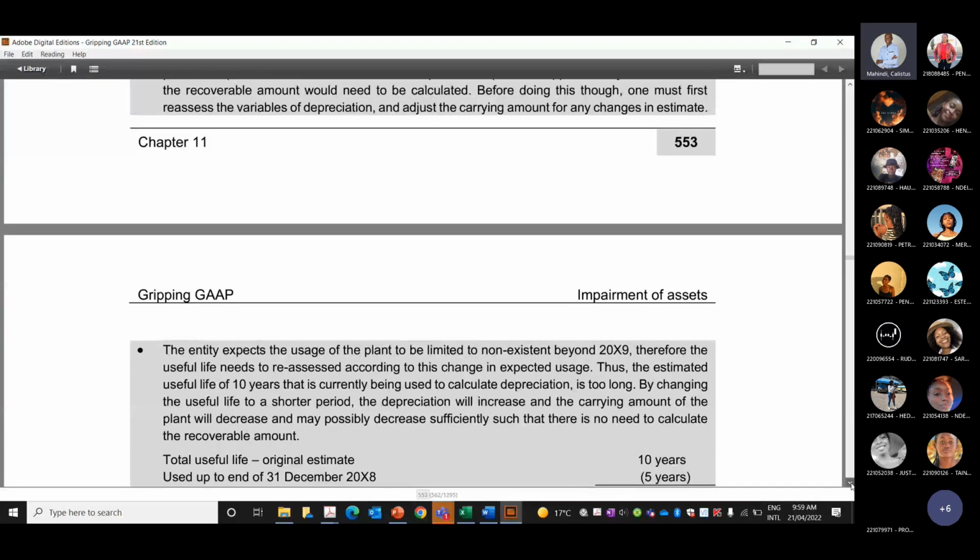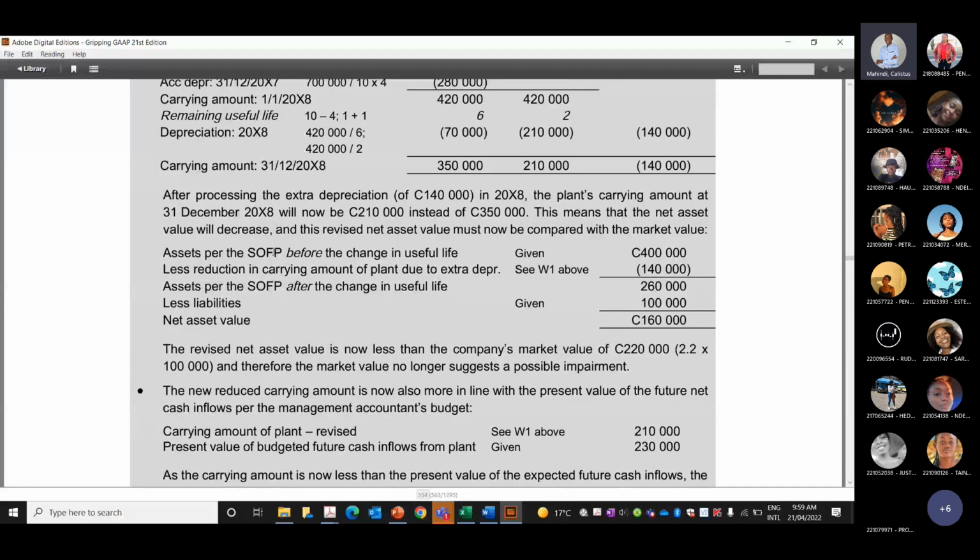Our assets per the statement of financial position before the change in useful life was 400,000. That was given to us. However, the carrying amount of the plant reduces due to extra depreciation. The reduction is the difference between the 350,000 carrying amount that we were given and the new carrying amount that we were given, which is 210,000.